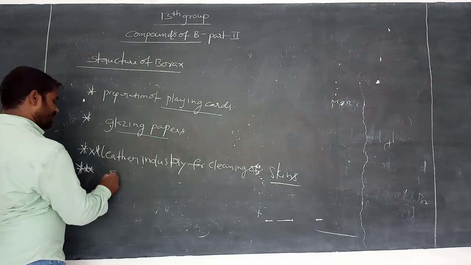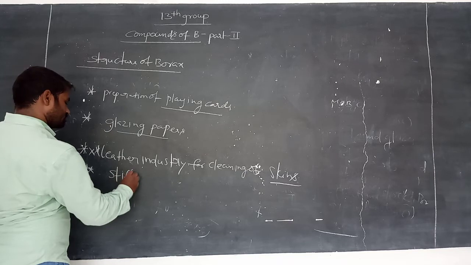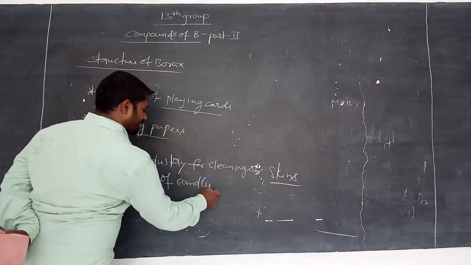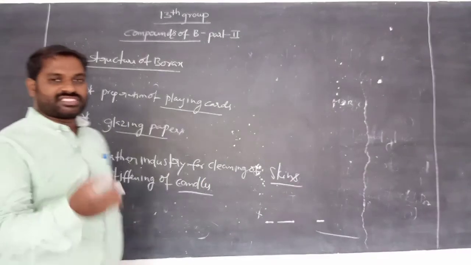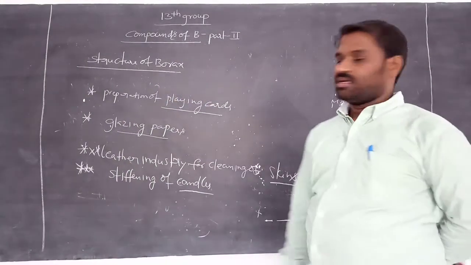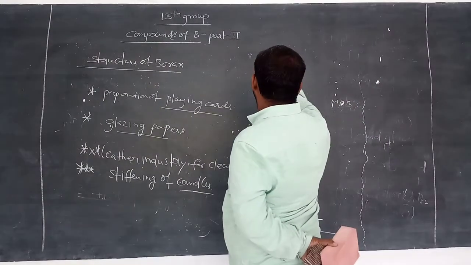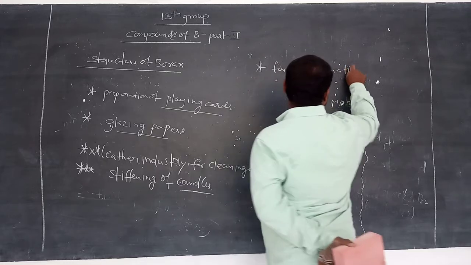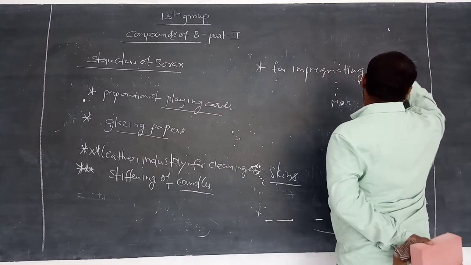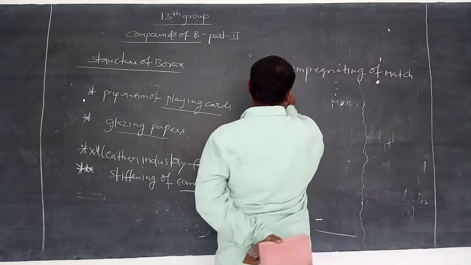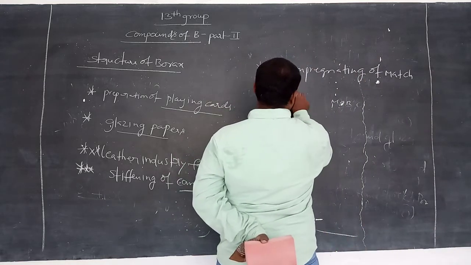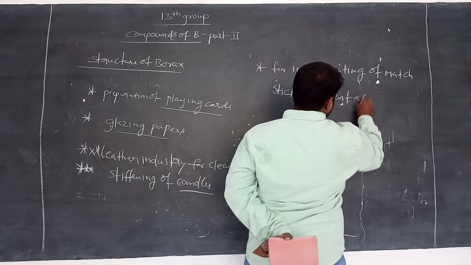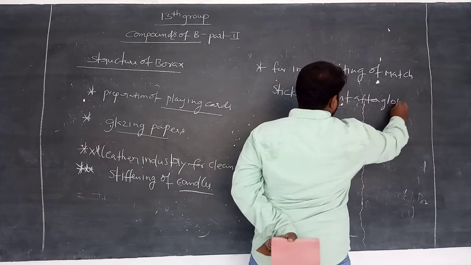And also it is used for stiffening of candles, okay. If we want to make the candles stiff we can add this borax, okay. And for impregnating of matchsticks to prevent afterglow.